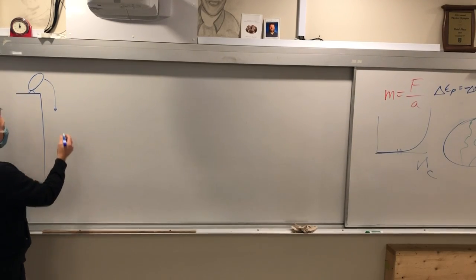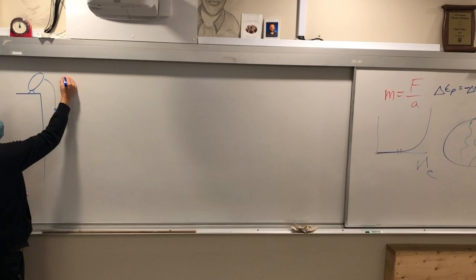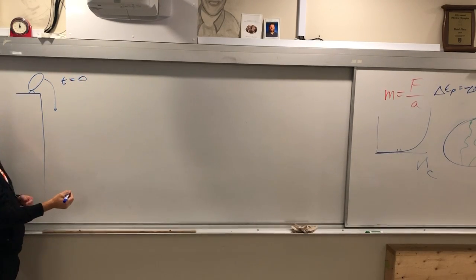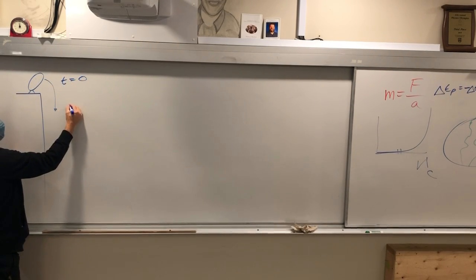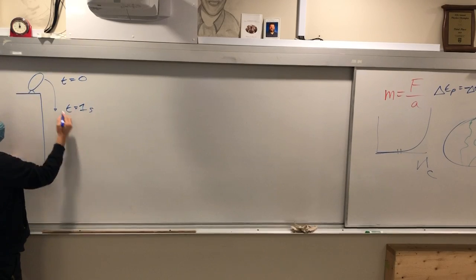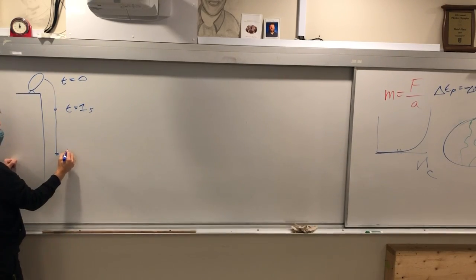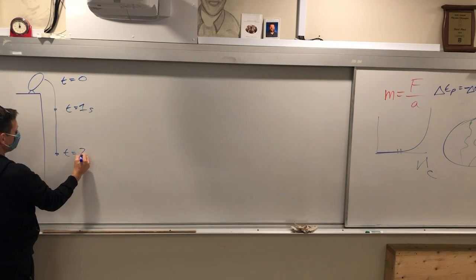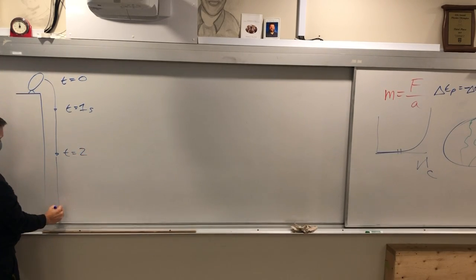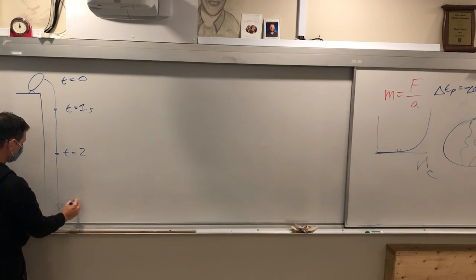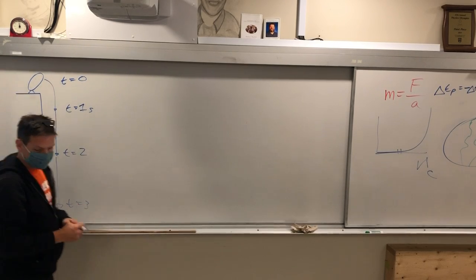Okay, so let's say he falls off here, t equals 0 at the top. And then when the time is 1 second, he's fallen this far. Then he goes a little further when t equals 2, and further than that when t equals 3.